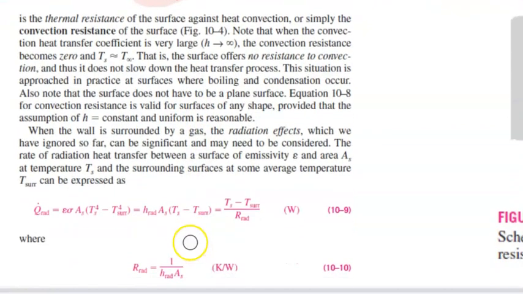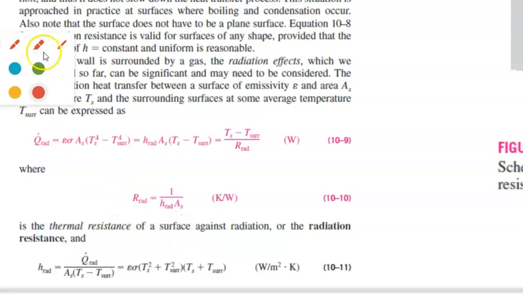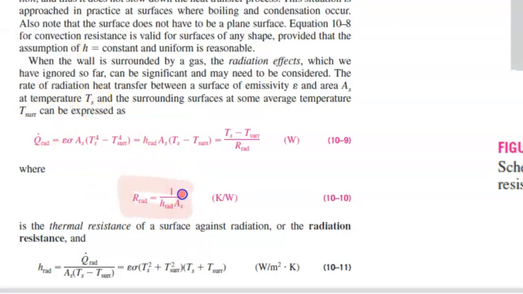Now let's have a look at radiation. For radiation we use another constant, which is known as H of the radiation. So R, the resistivity of the radiation, is equal to 1 over H radiation and the surface area.